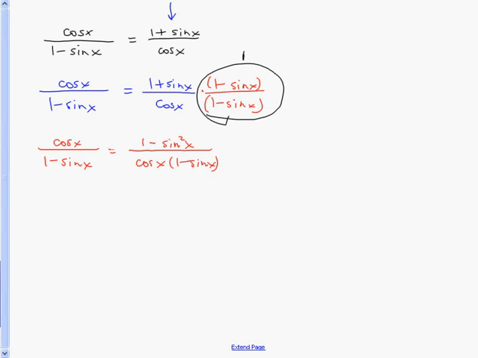See in this piece right here, the 1 plus sine of x, they had you multiply by the opposite sign, 1 minus sine of x. Okay, so still cosine of x over 1 minus sine of x. I hope that you recognize that 1 minus sine squared of x is actually Pythagorean in form. It's cosine squared of x.